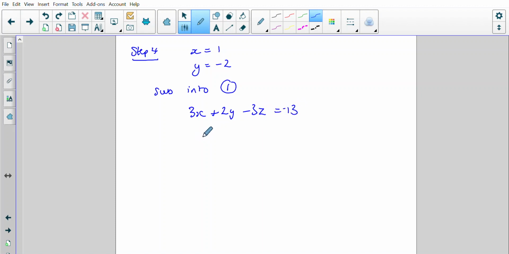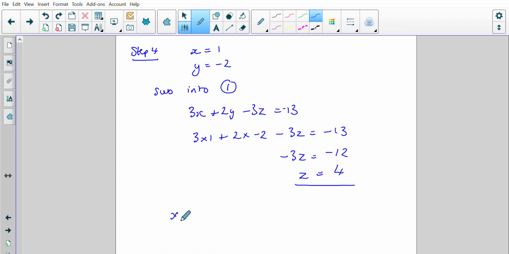So substituting in, I'm going to have 3 times 1 plus 2 times minus 2 minus 3z equals minus 13. So if I simplify all of that, I get minus 3z equals minus 12, so z equals 4. So my solutions are x equals 1, y equals minus 2, and z equals 4.